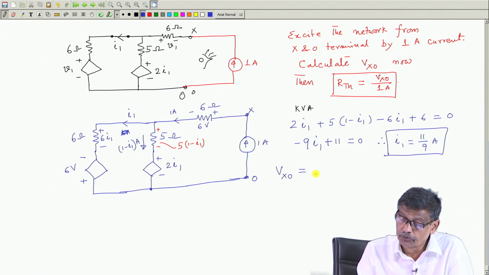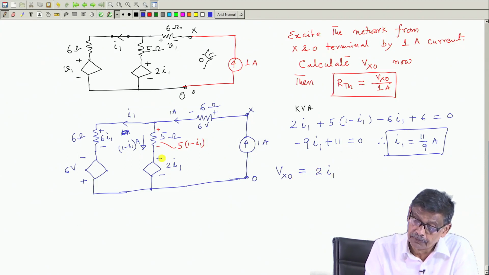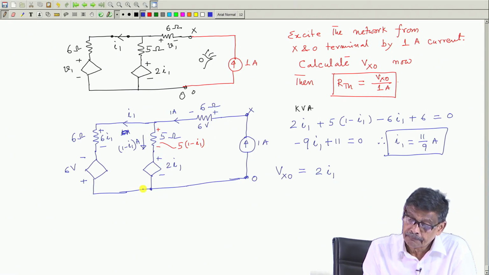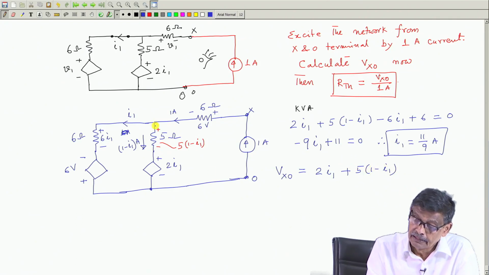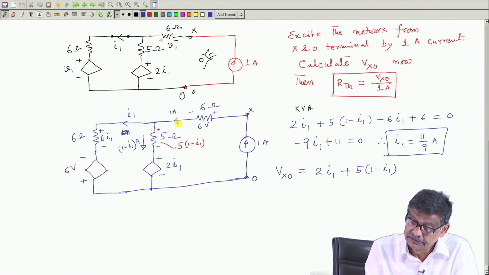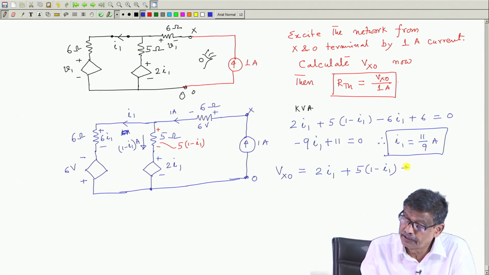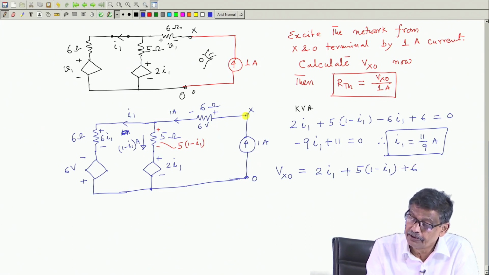So, Vxo will be 2 I 1 minus 2 plus, then plus this voltage, plus 5 into 1 minus I 1, and from this to this it is a voltage rise of plus 6 volt, and you have reached point x.